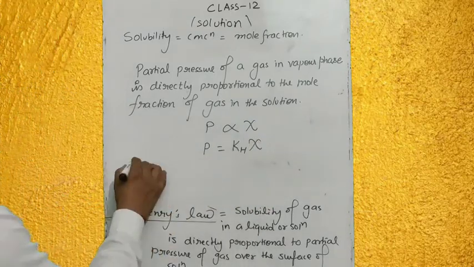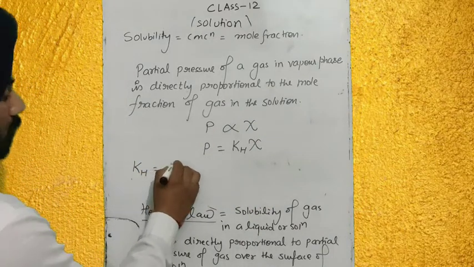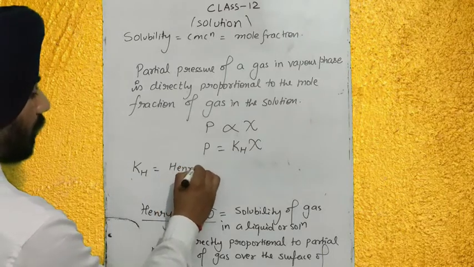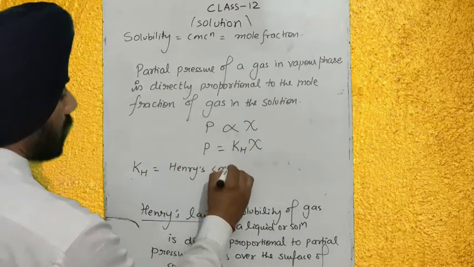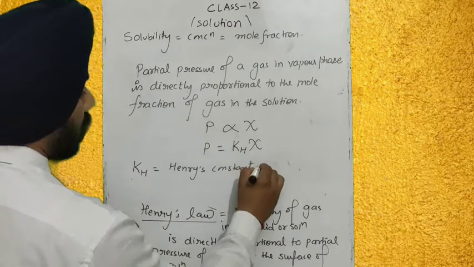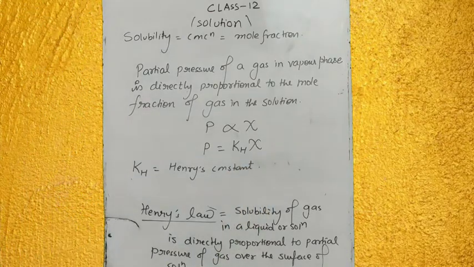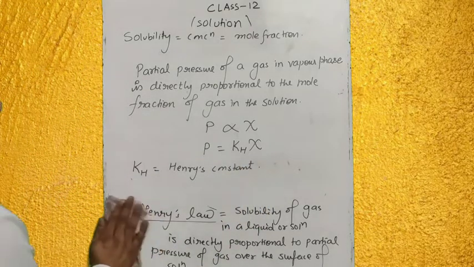What is K_H? K_H is called Henry's constant. On what factors does this Henry's constant depend?